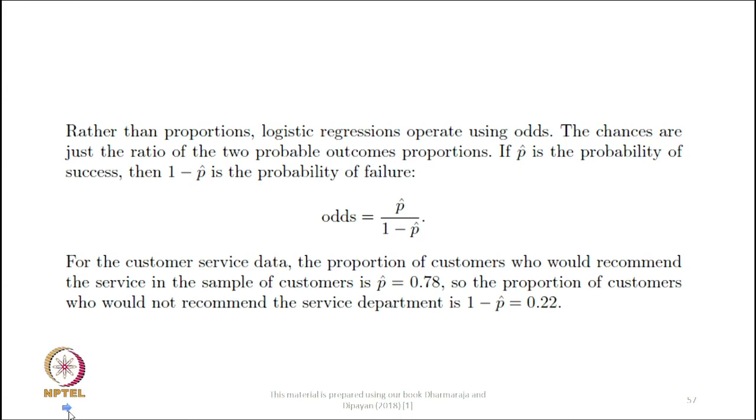So, the odds is p cap divided by 1 minus p cap. From the customer service data, the proportion of customers who would recommend the service in a sample of customers, p cap, is 0.78. So, the proportion of customers who would not recommend the service department, 1 minus p cap, is 0.22.